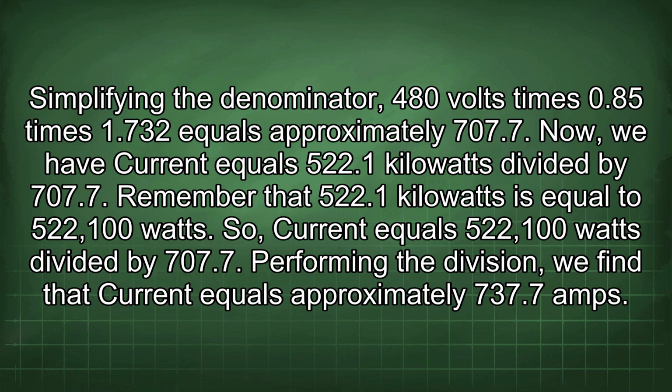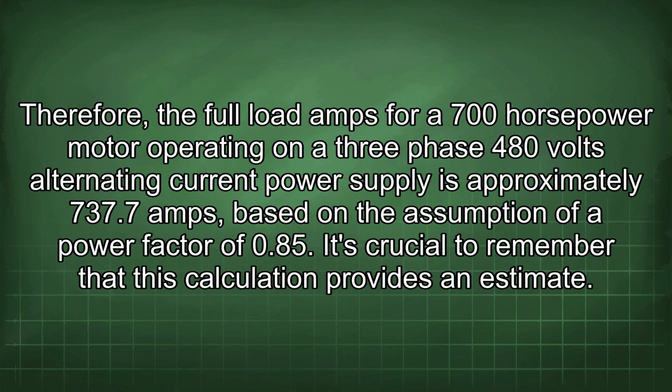So, current equals 522,100 watts divided by 707.7. Performing the division, we find that current equals approximately 737.7 amps. Therefore, the full load amps for a 700 horsepower motor operating on a 3-phase 480 volts alternating current power supply is approximately 737.7 amps, based on the assumption of a power factor of 0.85.